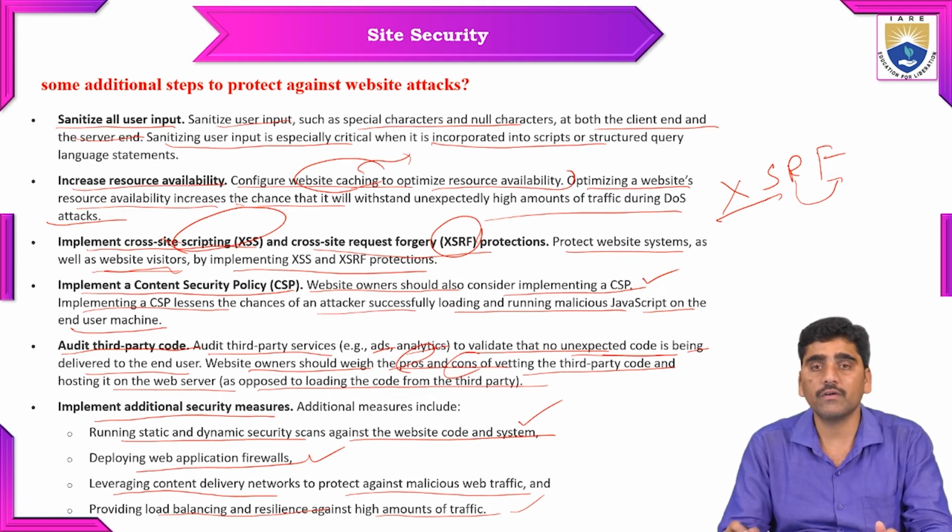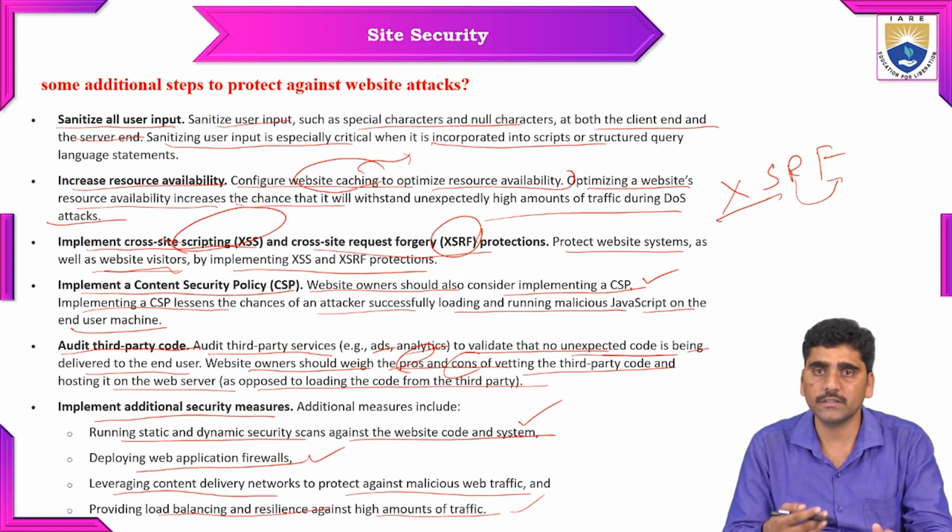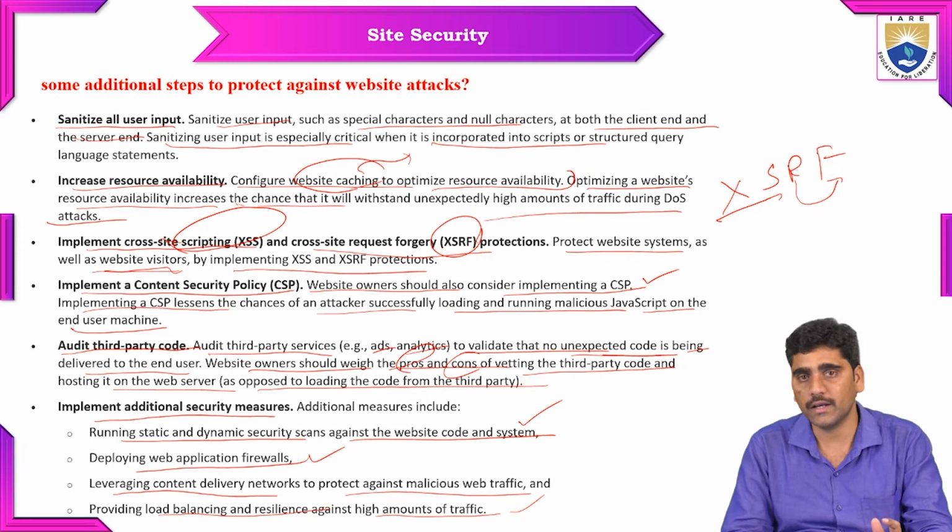So we have to measure some security policies here. First is running static and dynamic security scans against website code and ecosystems. Each and every time we have to scan the websites, and deploy web application firewalls, and leverage content delivery networks to protect against malicious traffic.